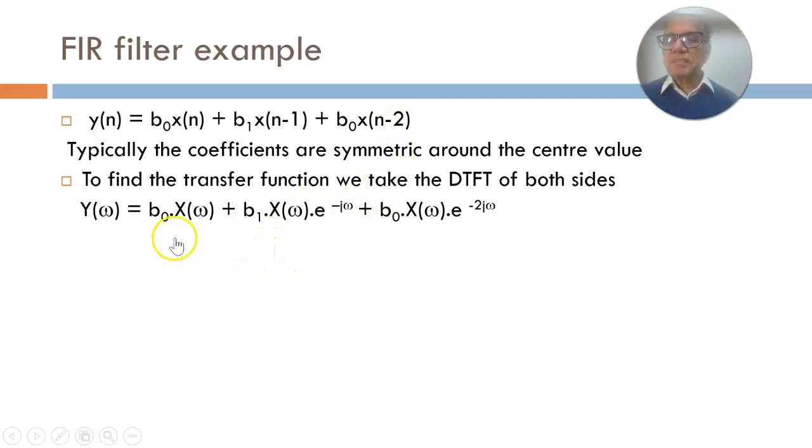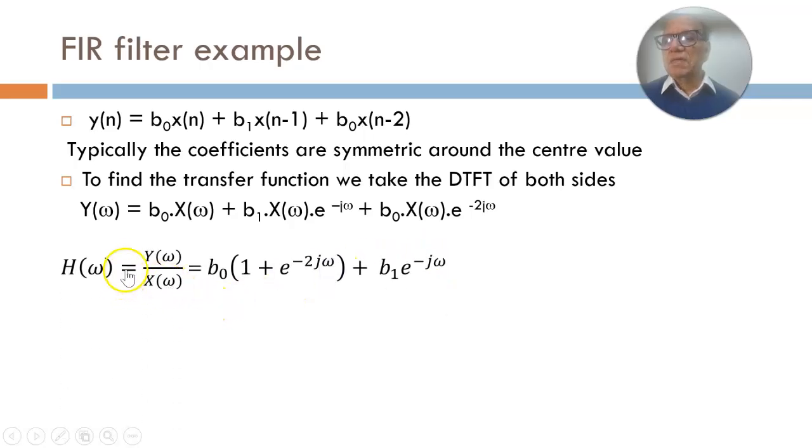Alright. So now we will manipulate this. Note that this is a complex quantity, so it will have magnitude as well as phase. What we want to do is to manipulate this in order to show that phase is a linear function of frequency. So we find the transfer function by dividing both sides by X omega.